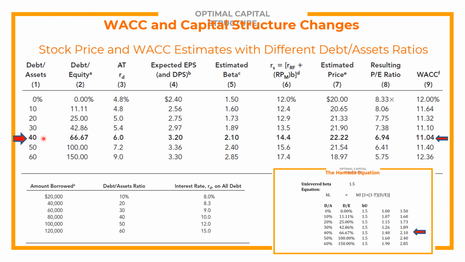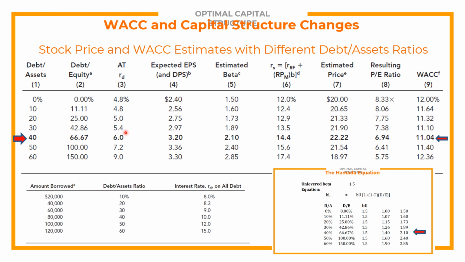So 40% of 200,000, which is 80,000, would be debt, and the remaining 60%, the 120,000, will be the equity. So for the debt equity, we have 80 divided by 120, and that would give us 66.67%. Again, this debt equity was used as we computed the Hamada equation for the levered beta.